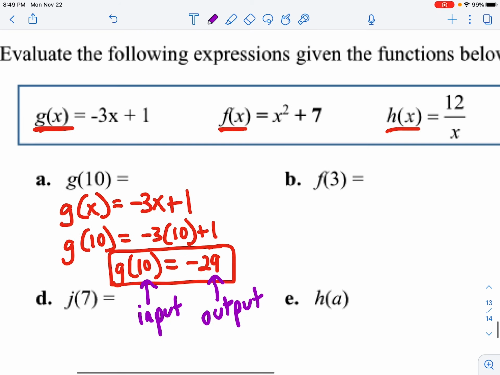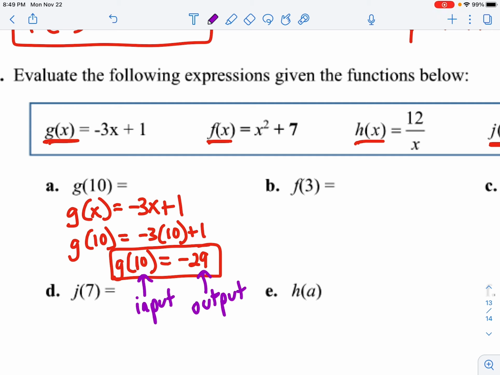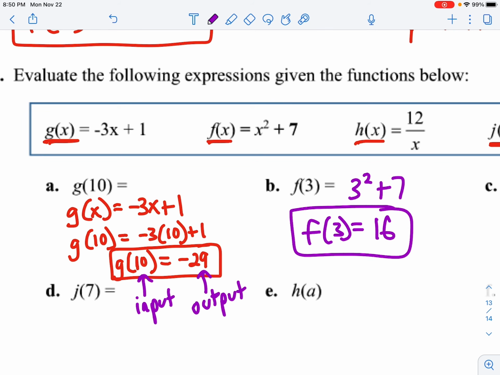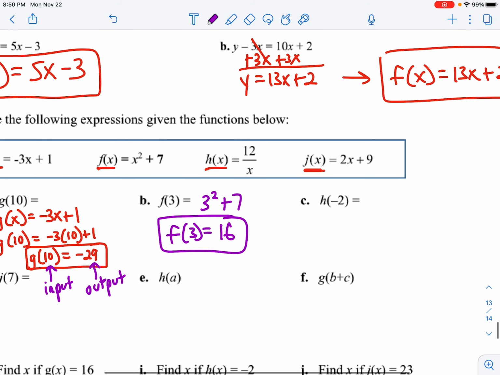That's all. F of 3, so that means you're going to plug into the f function, so it's going to be 3 squared plus 7. You can see the f function right here, right? It's x squared plus 7, so just replace the x with a 3. So 9 plus 7 is 16. All right, h of negative 2 just means plug negative 2 into the h function.